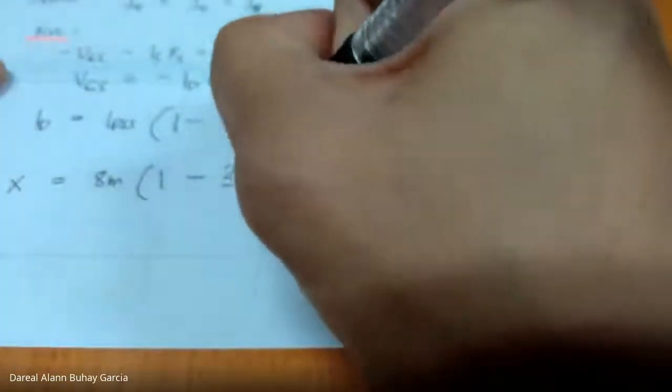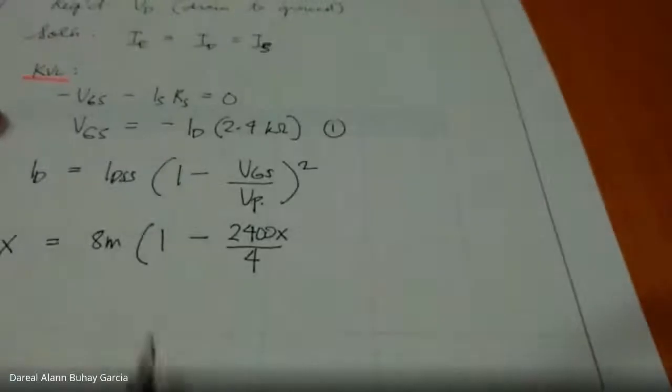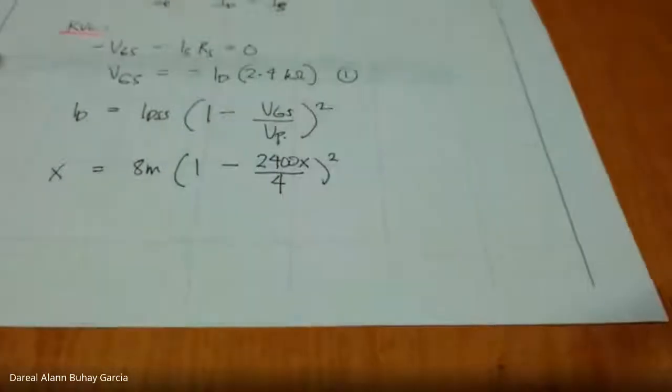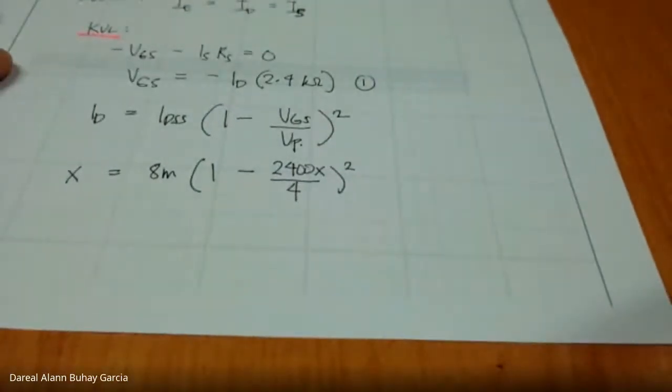Substitute as X. The negative VP cancels with the negative in equation 1, to retain the negative inside the square. I think we will get two values, both less than IDSS.